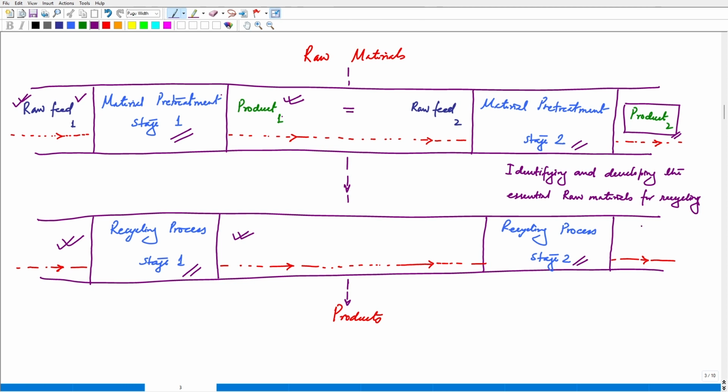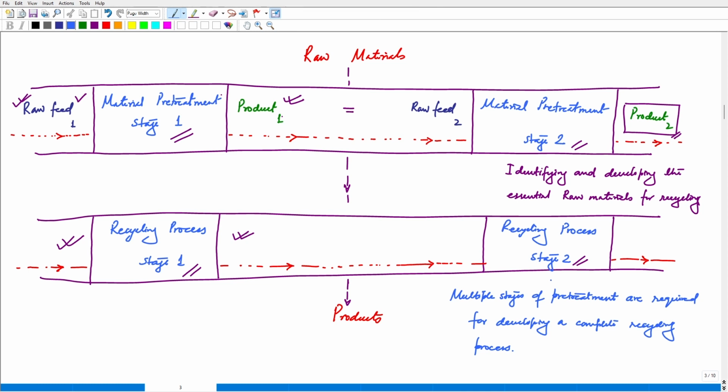And it is very important to note that multiple stages of pre-treatment are required for developing a complete recycling process.